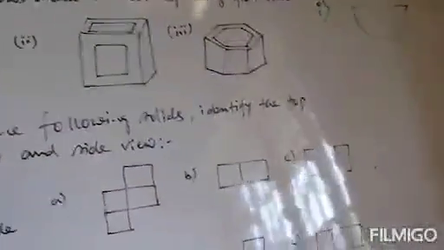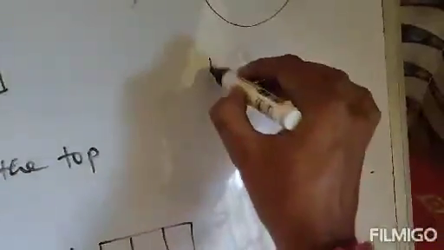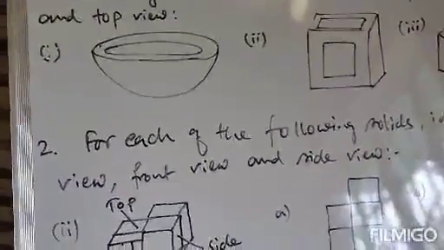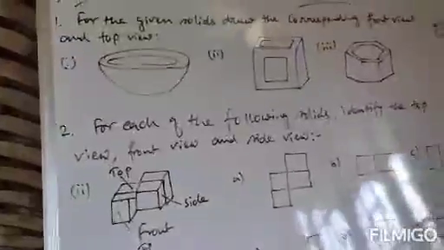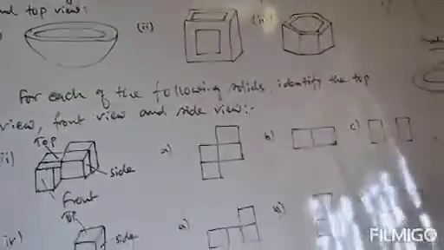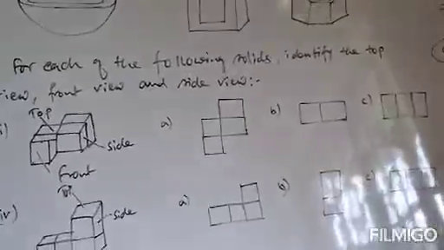What is the front view? That means when you see this diagram from your front position, the diagram will look like this. This and this. The diagram will almost look like this when you see it from your front position.